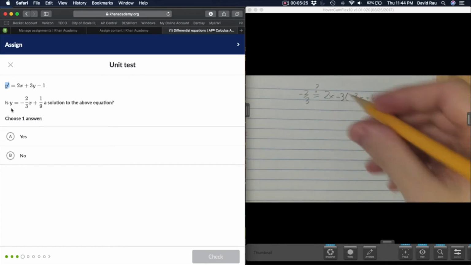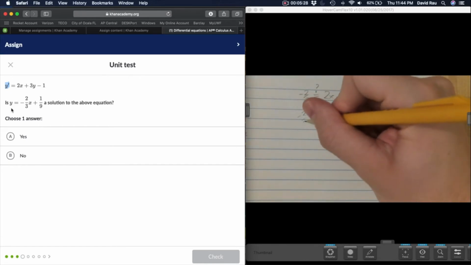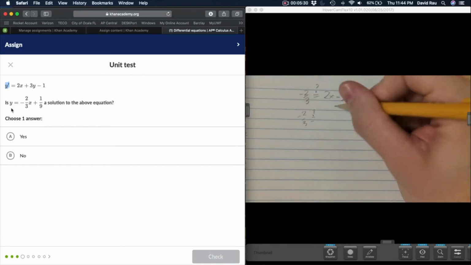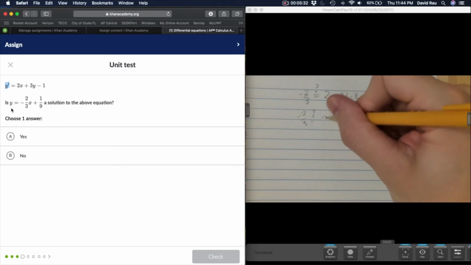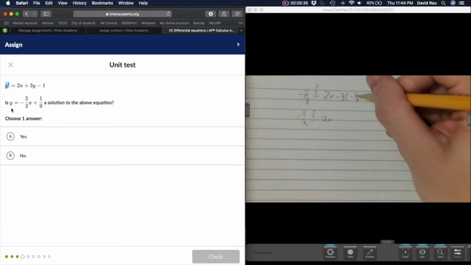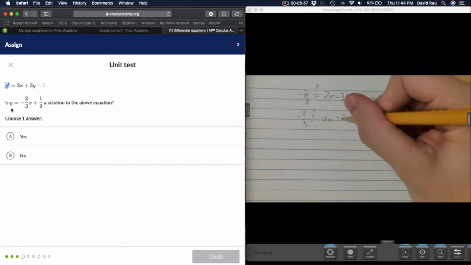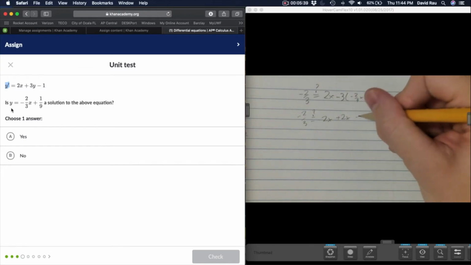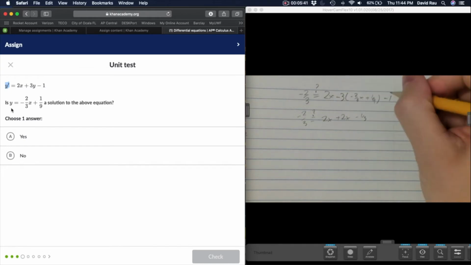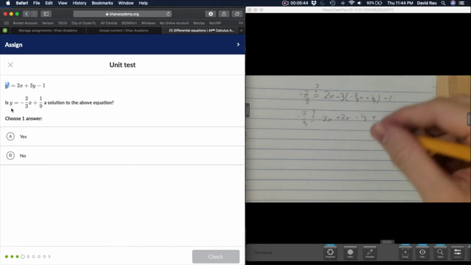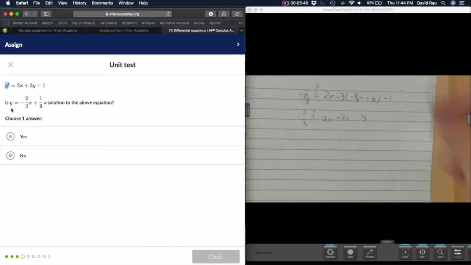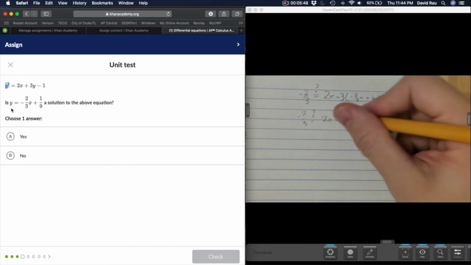Now I've just got some algebra to deal with. Is -2/3 equal to 2x, if I simplify this, positive 2x minus 1/3... Whoops, sorry, that doesn't distribute. Minus 1.